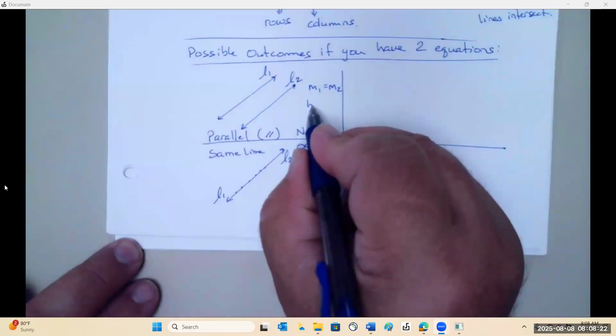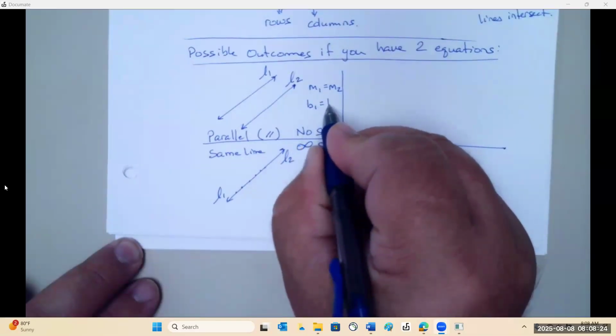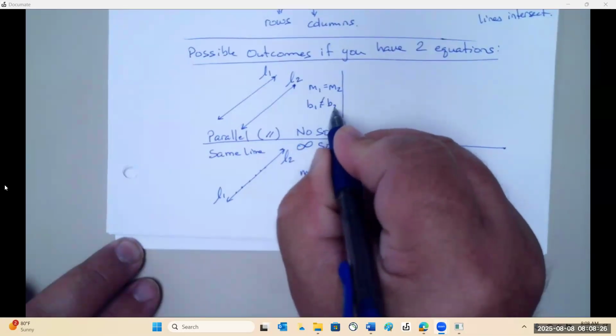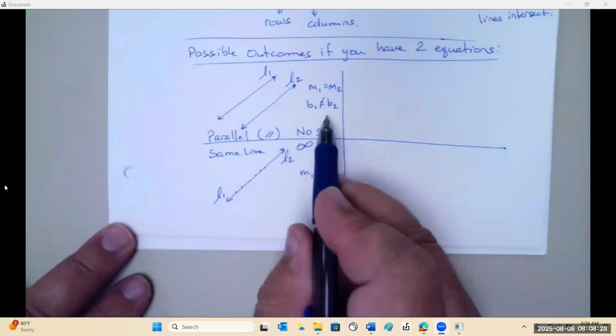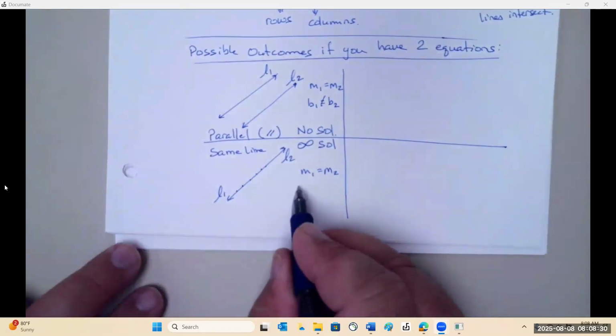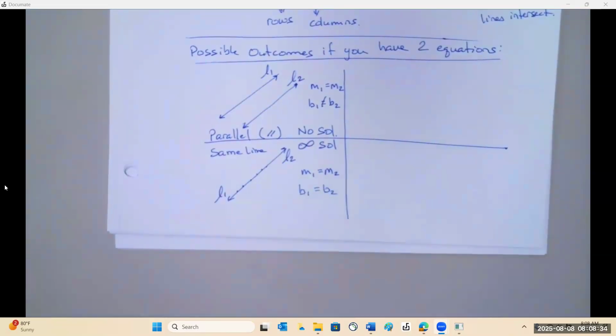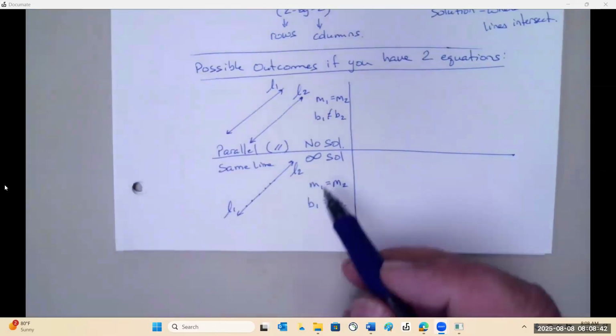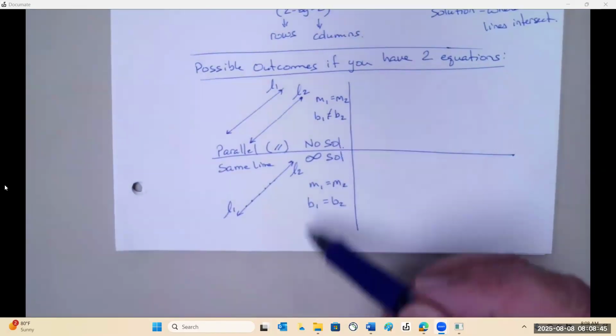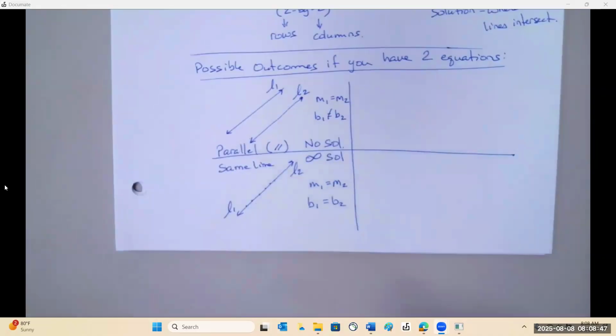But the only way you can tell them apart is parallel lines have different y-intercepts. The same lines have the same y-intercepts. Okay, those are the first two. Depending on if the slopes are the same, there can only be these possibilities.